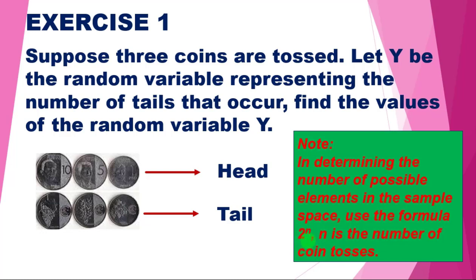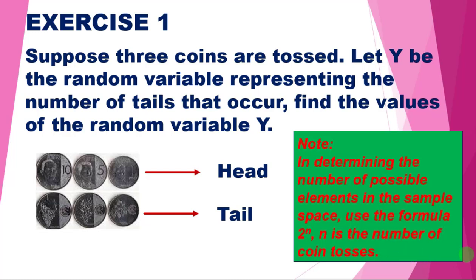In this case, since we have 3 coins to be tossed, then we expect to have 2 raised to 3, or 2 times 2 times 2, and that's 8. We expect to have 8 elements in the sample space of the random variable Y. And this Y is the random variable representing the number of tails that occur.